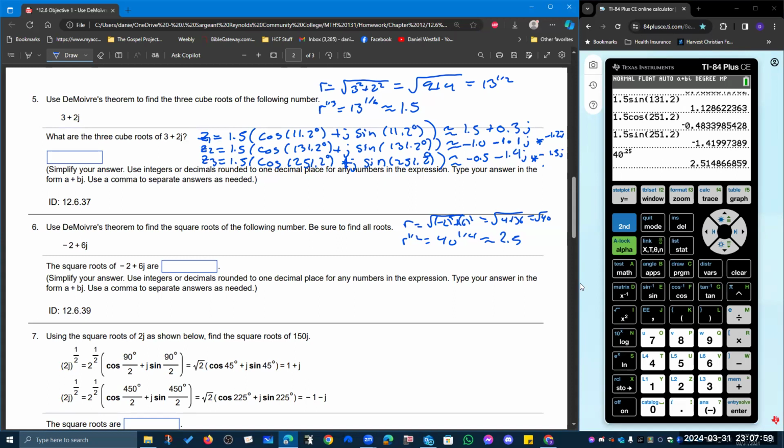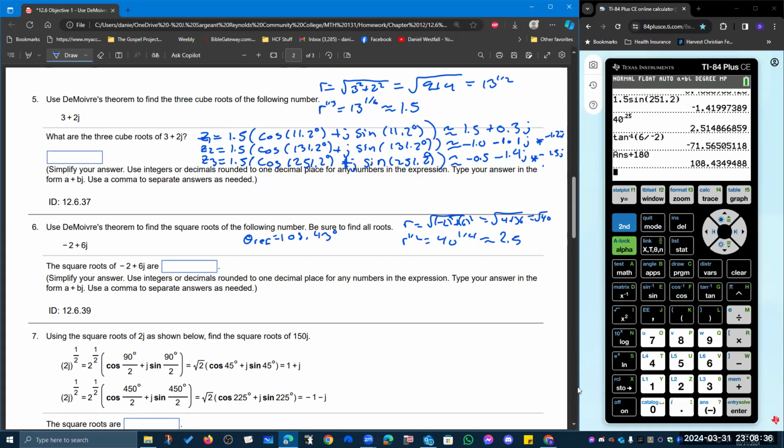And our theta is going to be arctangent of 6 divided by negative 2. And we need to add 180 degrees to this because we are in quadrant 2, not in quadrant 4. X is negative and Y is positive. So our theta here is 108.43 degrees.